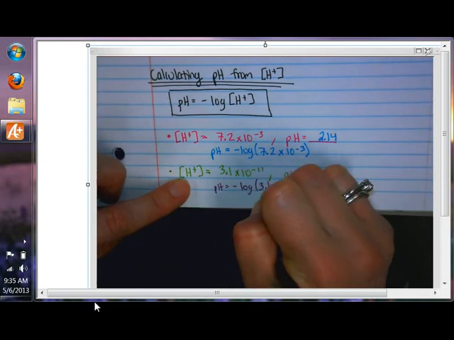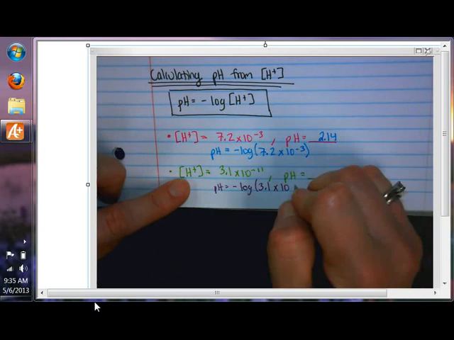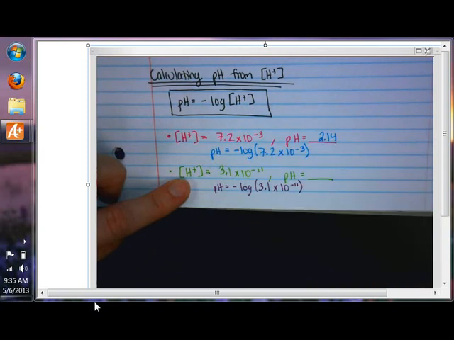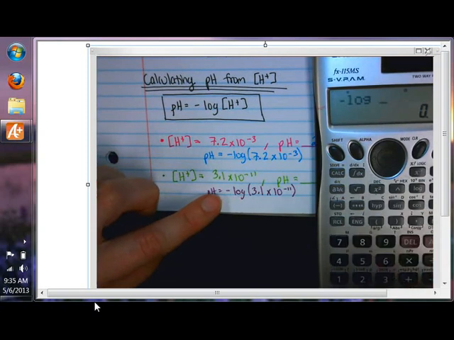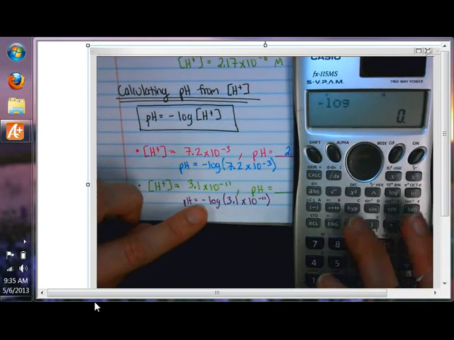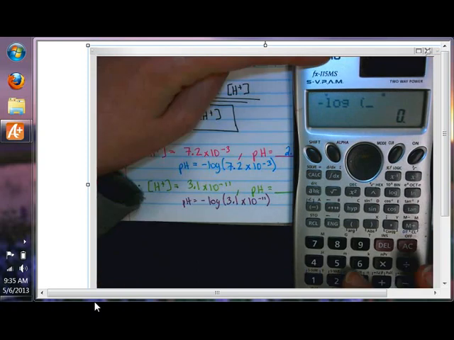So typing this into my calculator, if you have 2 lines of display, negative log, open parenthesis, 3.1 times 10 raised to the negative 11th, close parenthesis, and I get 10.5.